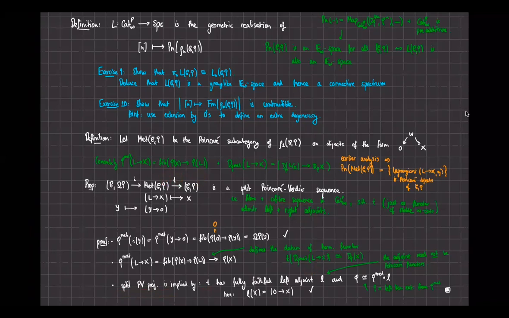This is just the general way you can calculate left Kan extensions. You have to, in general, restrict along the right adjoint if it exists, and because those are contravariant functors, in fact, we have to restrict along the left adjoint.